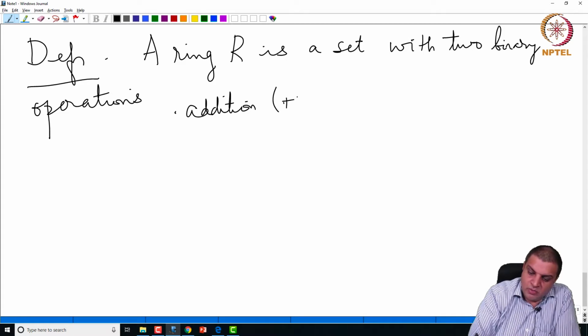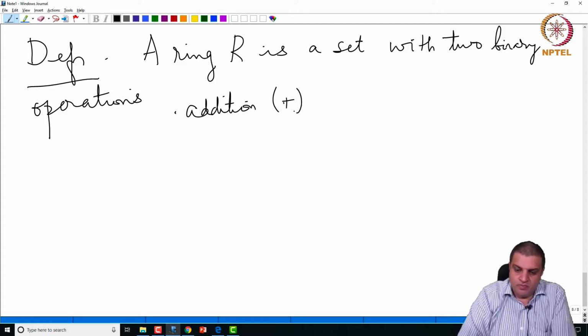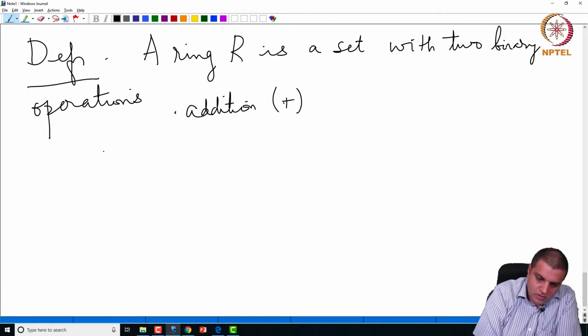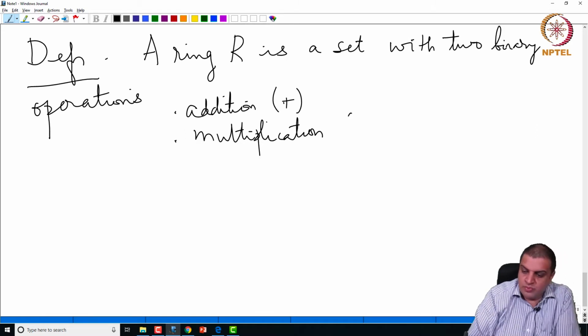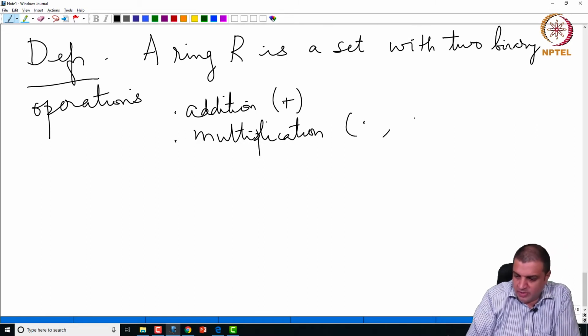Addition, which we denote by a plus sign, and multiplication, which we denote by a dot or just omit.